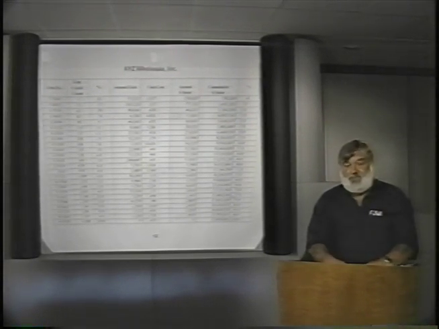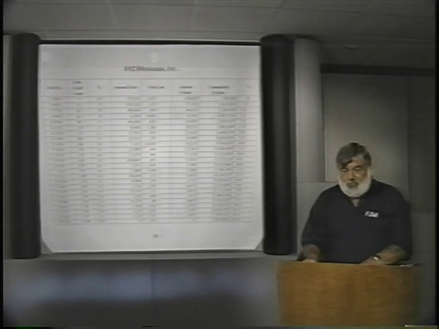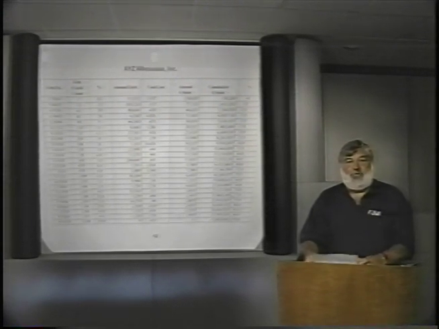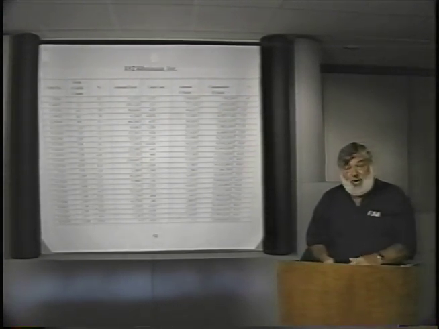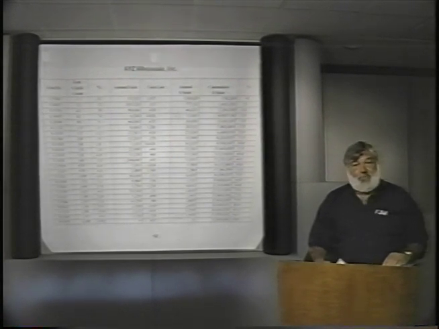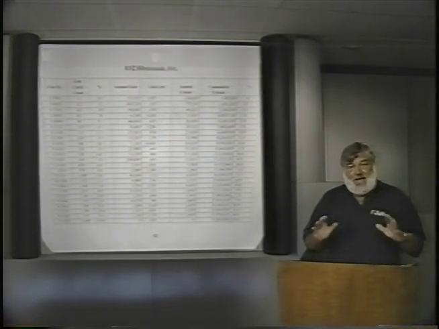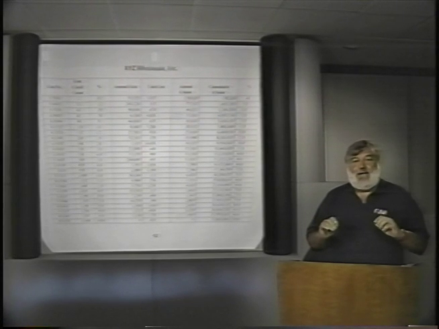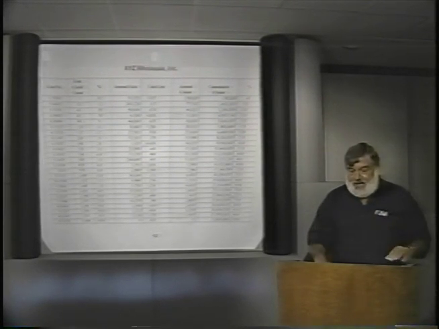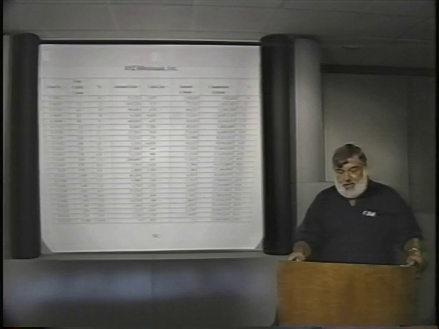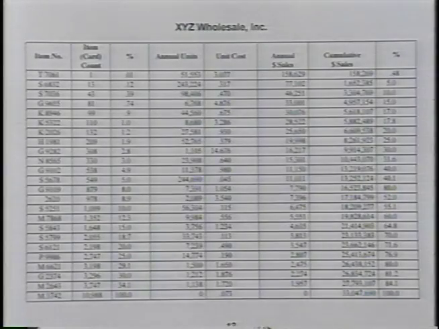Now, starting off on page number 12, I want to go to this particular report, which is an ABC report, and at least identify for you the heading, explain the heading, and then look at some of the data in the report. Starting at the top on the left-hand side, that left column, item number, is part number.